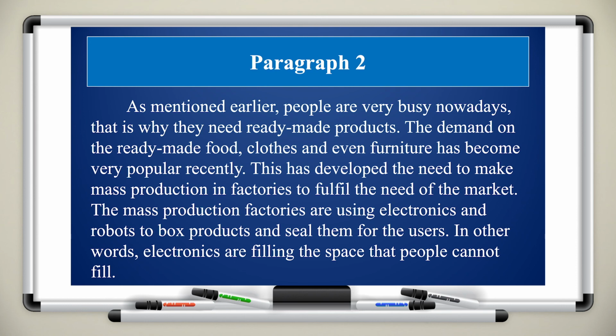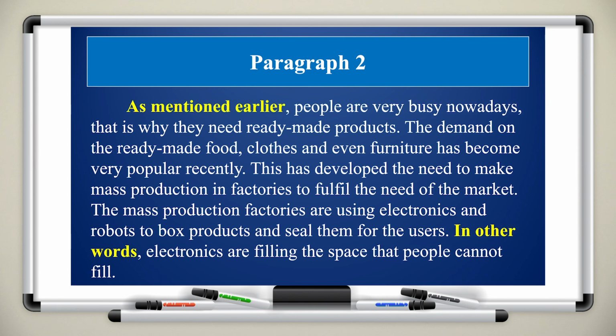The mass production factories are using electronics and robots to box products and seal them for the users. In other words, electronics are filling the space that people cannot fill. See here, as mentioned earlier, connects the paragraph here with the paragraph before, connecting the ideas together. In other words, we use it to explain more.